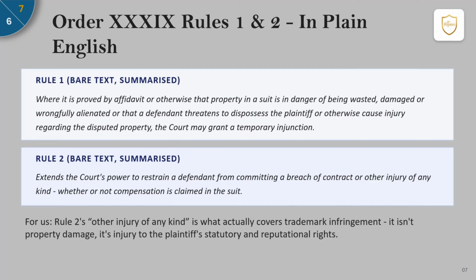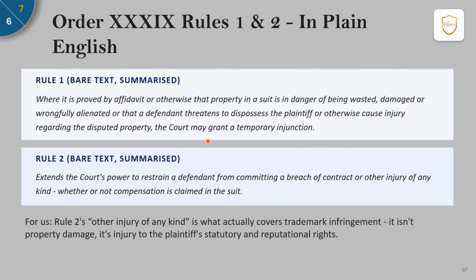Now, let's actually read the provision, because far too many students cite Order 39, Rule 1 and 2 without even having read the bare text. So Rule 1 in summary says that where it is shown that property in dispute is in danger of being wasted, damaged, or wrongfully sold, or the defendant threatens to dispose of the property, or threatens to cause injury regarding that property, then the court may grant a temporary injunction.